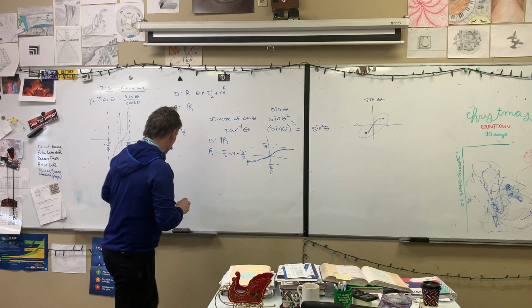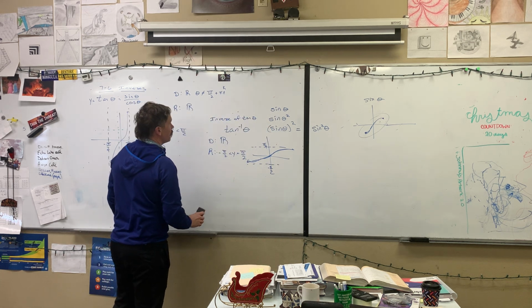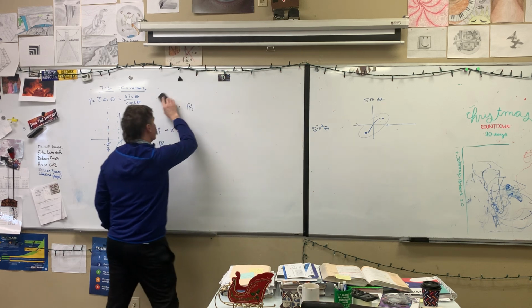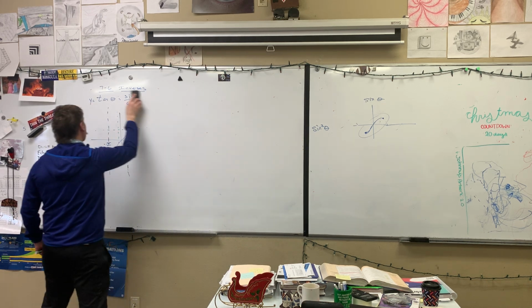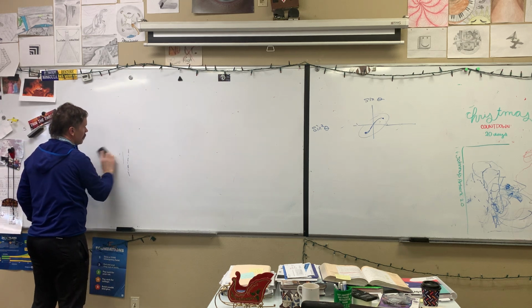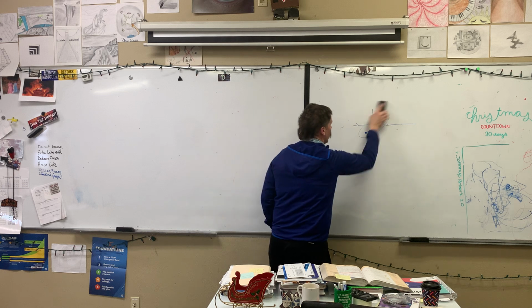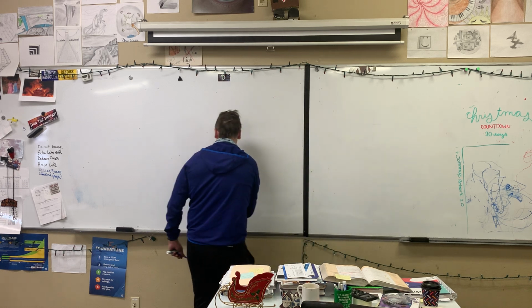Okay, so let's do a couple brief examples so we understand that to keep with the horizontal line test, we shorten the graph. We only look at a portion of the graph, but it's enough to represent all the ratios that we need.